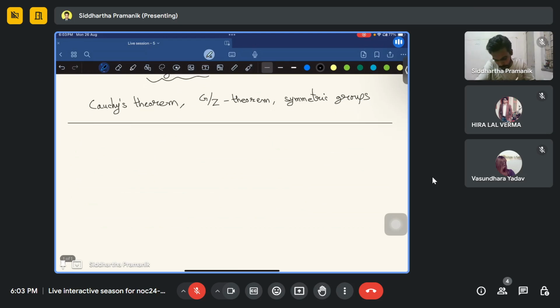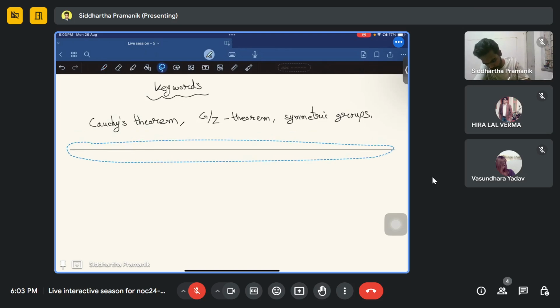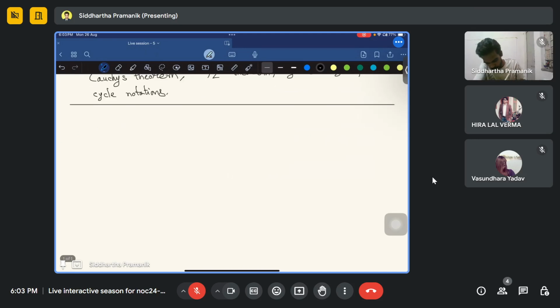So in the symmetric group, we already learned how to write the elements of the symmetric group, right? By using the cycle notation. So let me also write down here. The first problem is very basic.